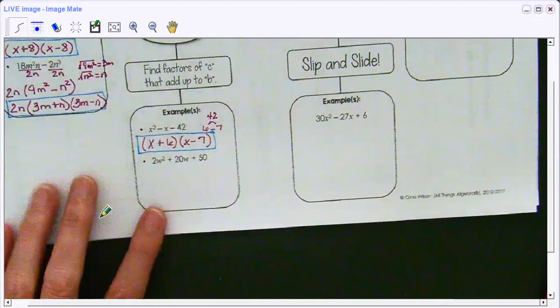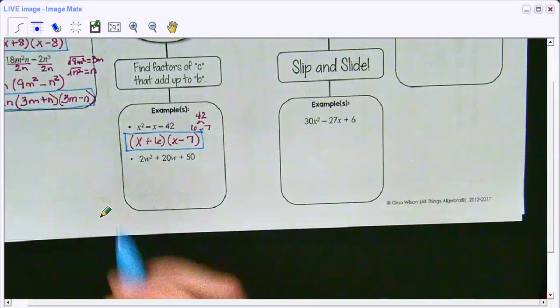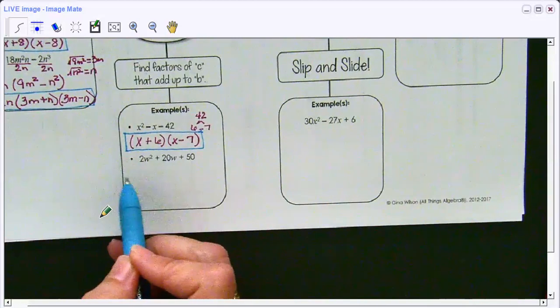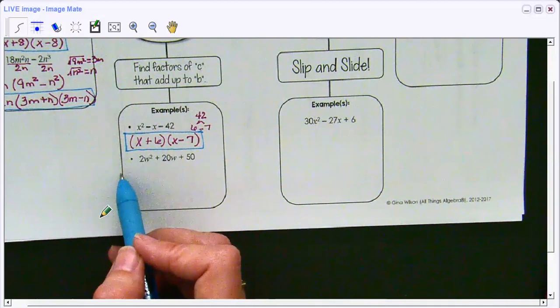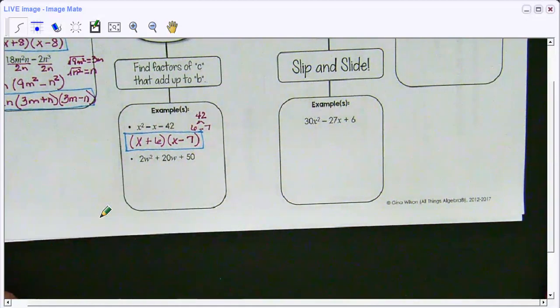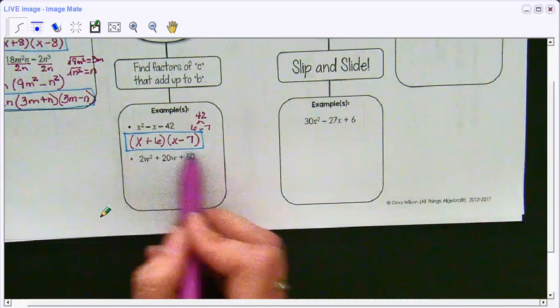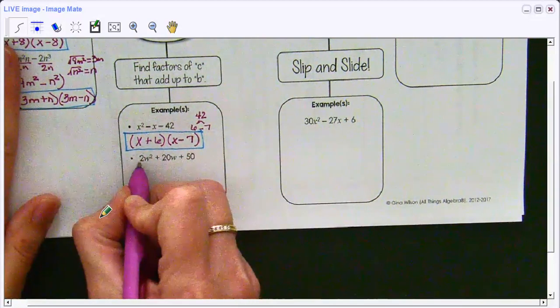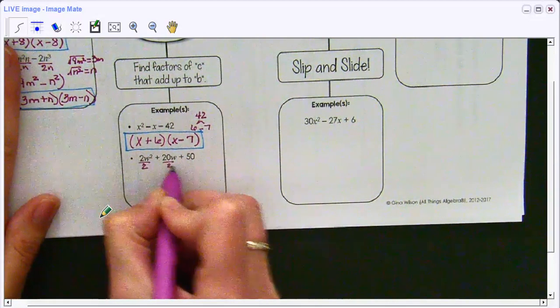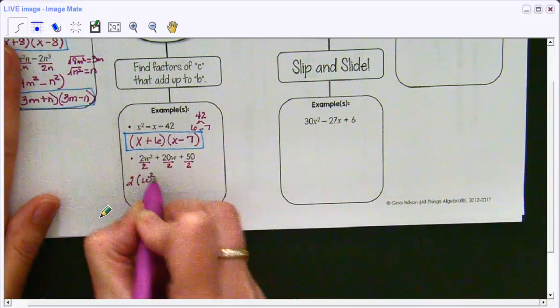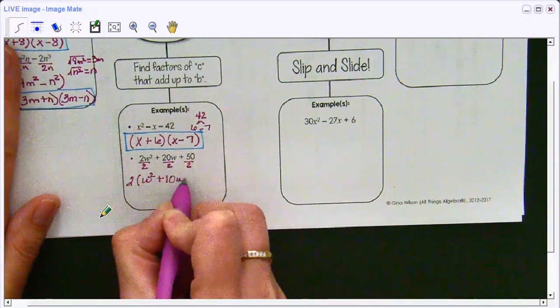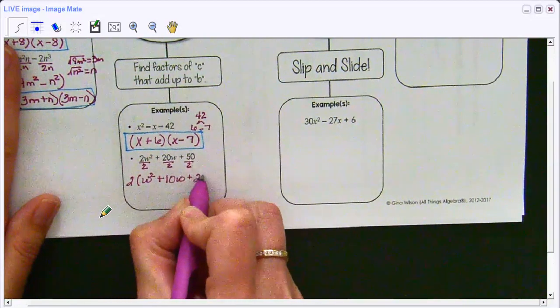Okay, now when I look at this second one, I see that A is greater than 1, but what should we try to do first before we factor this? First step always, the GCF. Okay, so what is the GCF of this trinomial? 2. So let's factor out the 2. So we have 2 times w squared plus 10w plus 25.